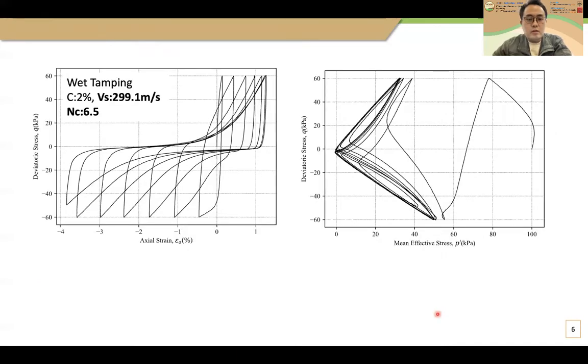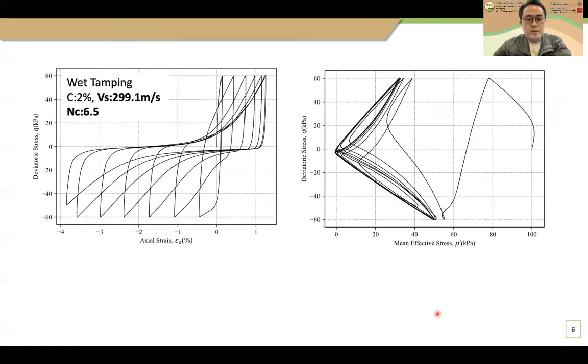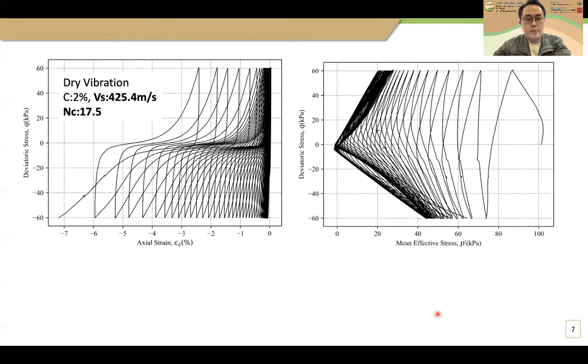And this shows the result with different specimen preparation methods under the same cement content, which is C2%. This is the wet tamping method, and this is the dry vibration method.